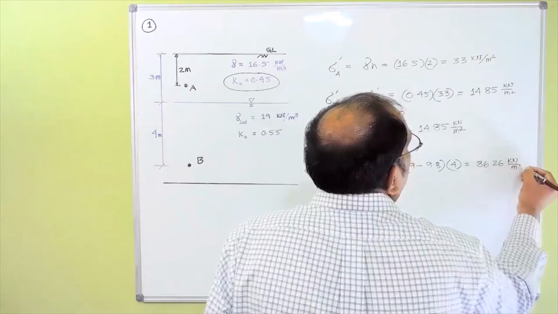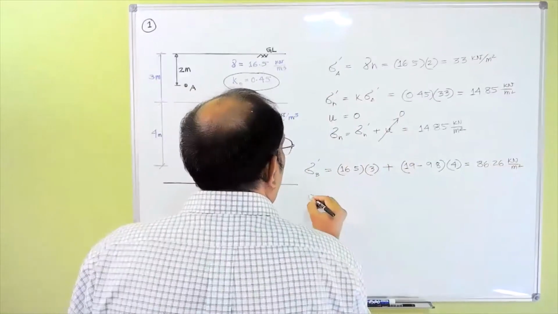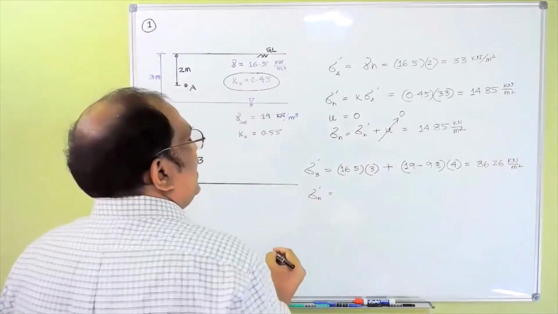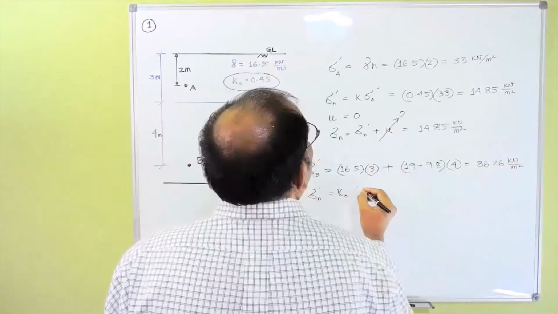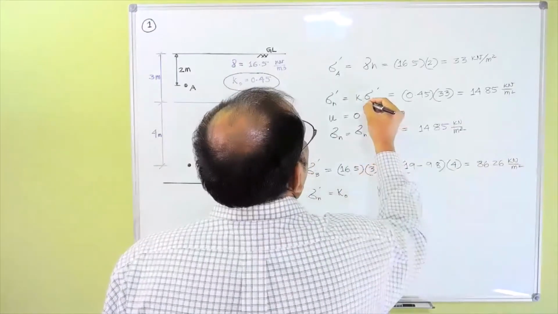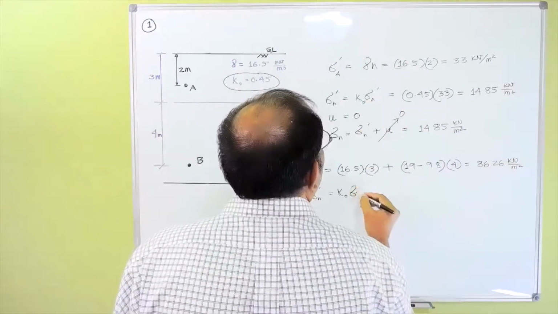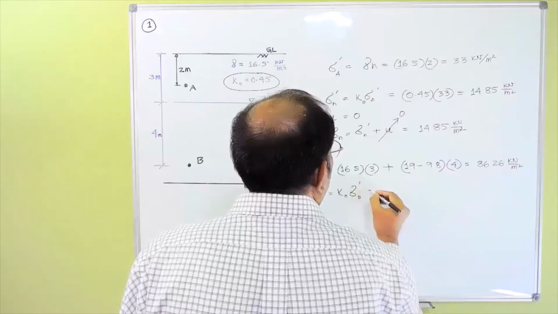So your horizontal stress from the soil would be K naught 2 times sigma B prime.